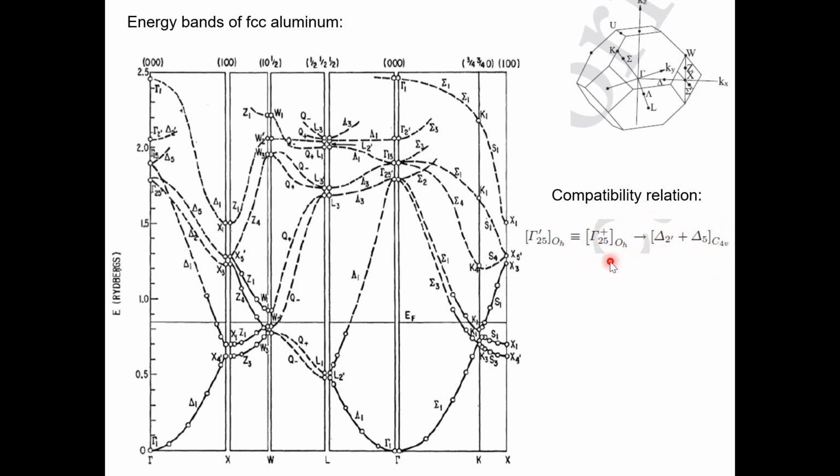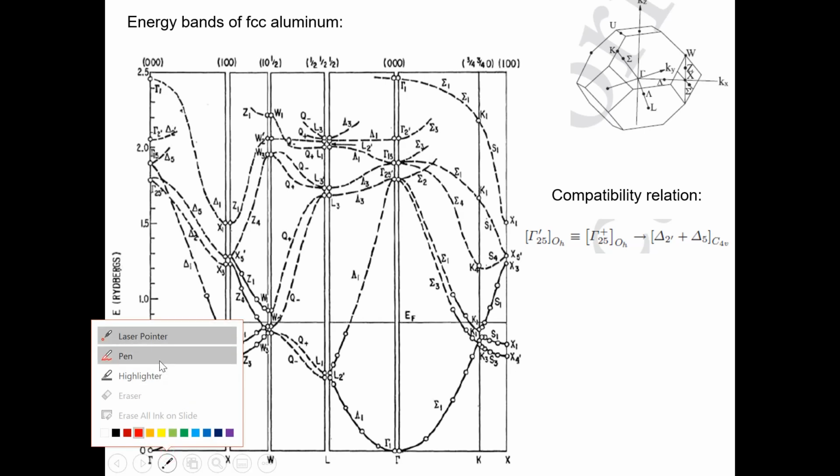For instance, the compatibility relation says that gamma 25 plus in the OH group at the gamma point must split into delta 2 prime and delta 5. This is a 1D representation, and this is a 2D representation of space group C4V, which is the group of the wave vector for the delta direction.